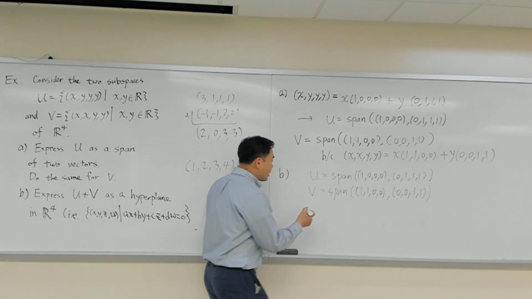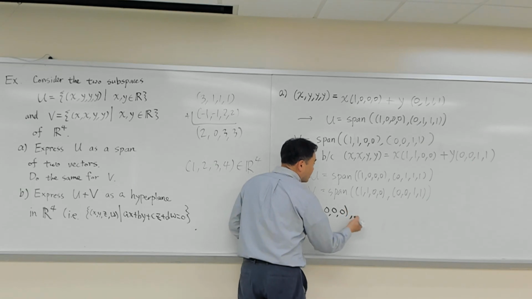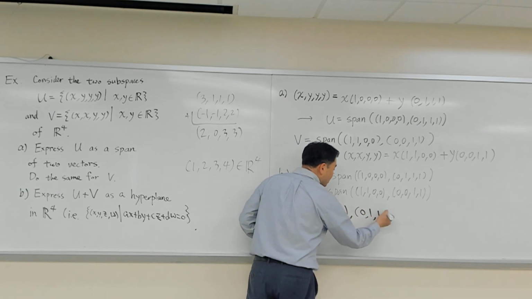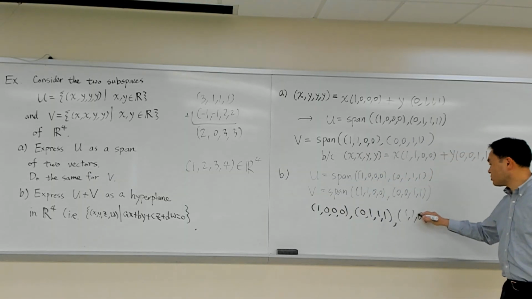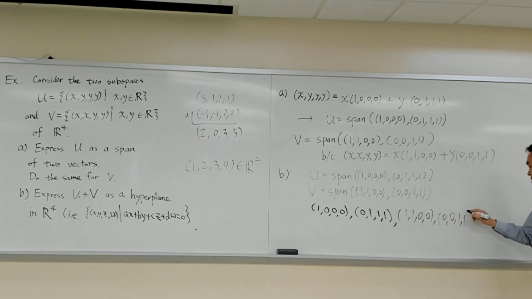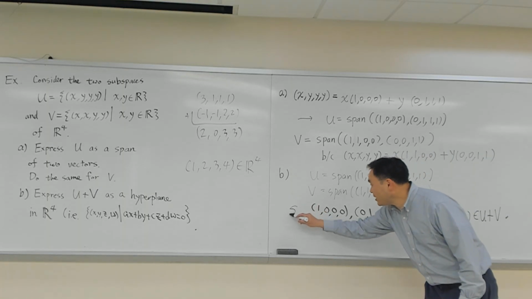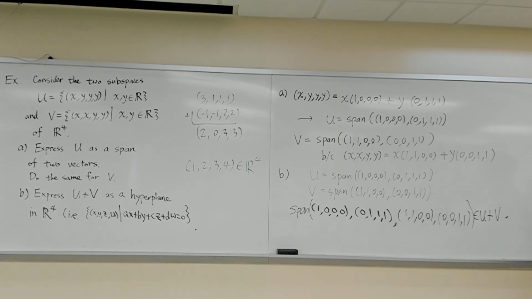So you're going to have (1, 0, 0, 0), (0, 1, 1, 1), (1, 1, 0, 0), and (0, 0, 1, 1). All of these would be in U plus V. You agree? Okay. Which means the span of these guys also belongs in here.